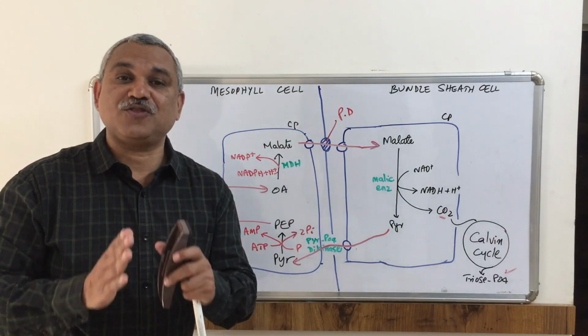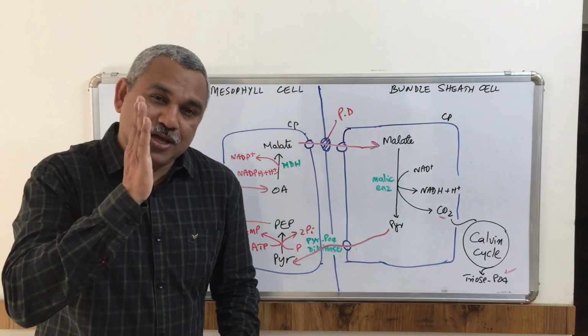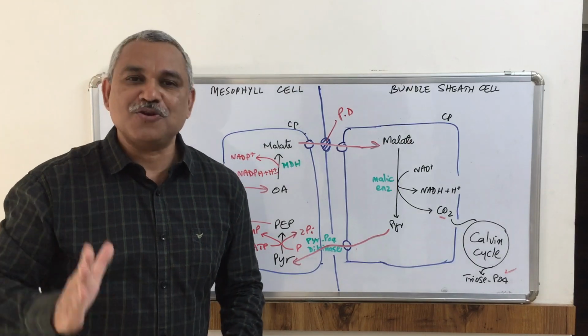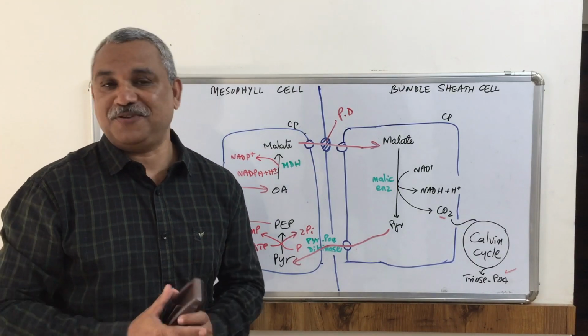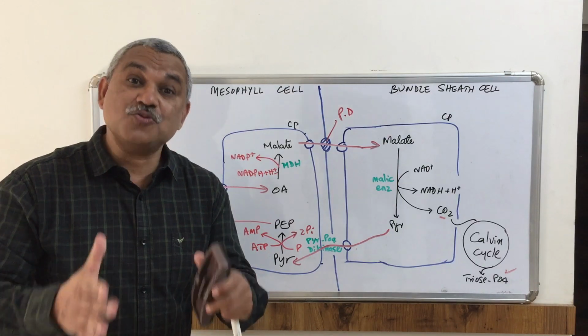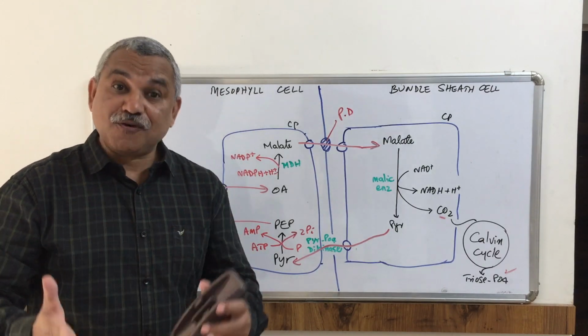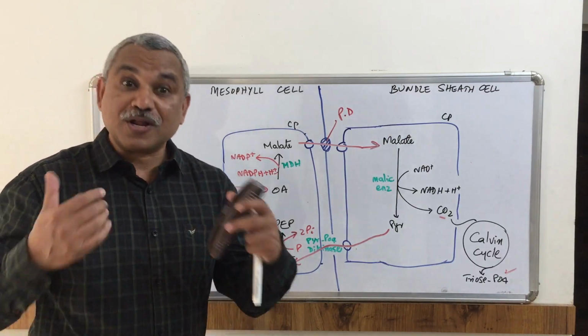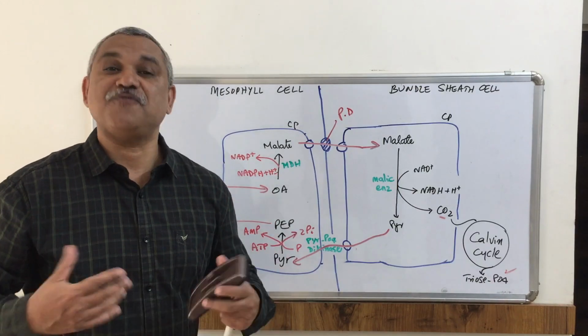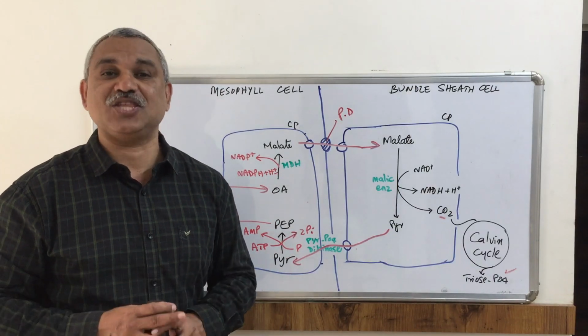So the C4 pathway utilizes 2 different locations in order to carry out carbon fixation. By using 2 different locations, the C4 pathway becomes a more efficient carbon fixing pathway than the C3 pathway.